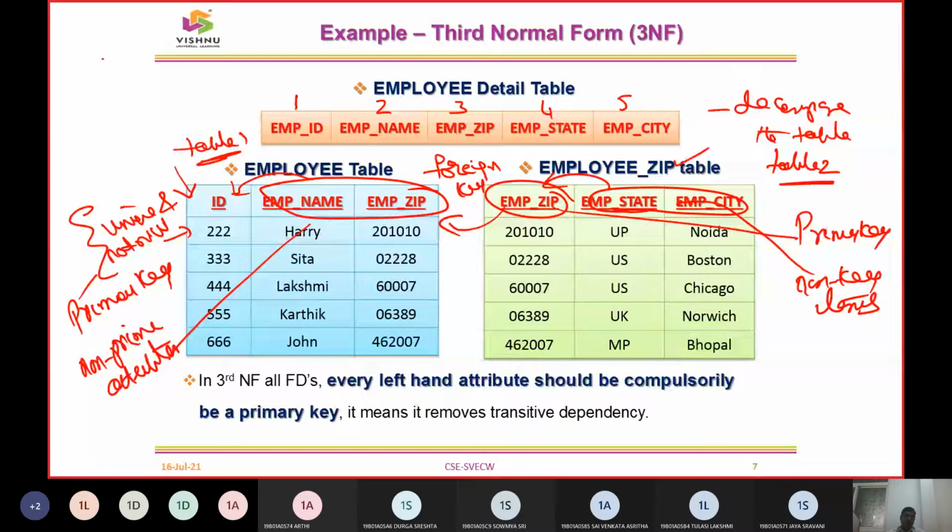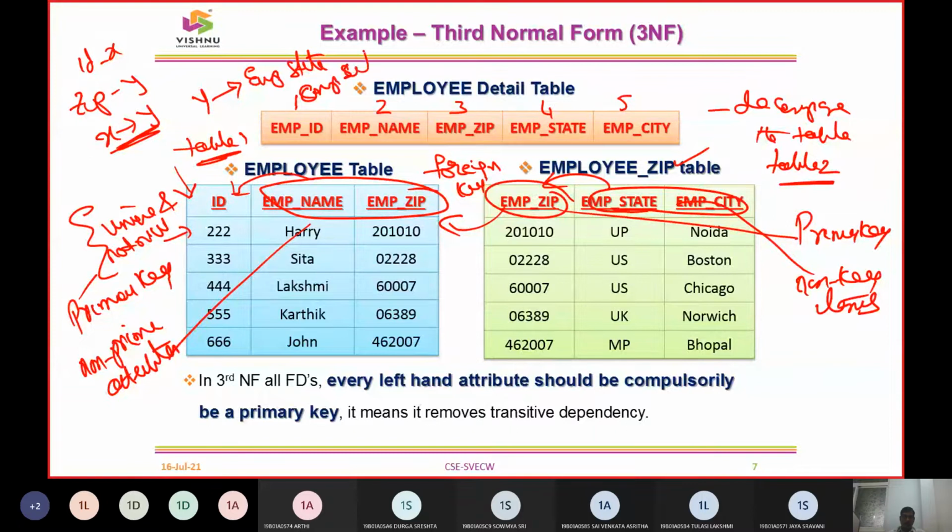So now ID I can call X, then zip I am going to call Y. So from X to Y there are certain relations. Then again, Y to some other dependents, that is employee state and employee city, right?